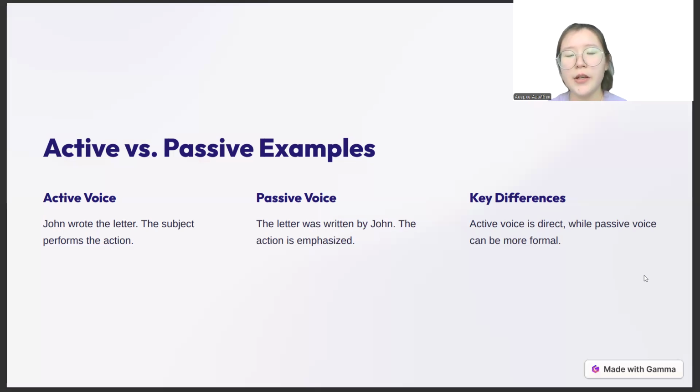The key difference here is that active voice is direct, while passive voice can be more formal. So active voice is direct. What does it mean? In daily life, you probably use active voice, I would say, because we humans all prefer to speak simply.